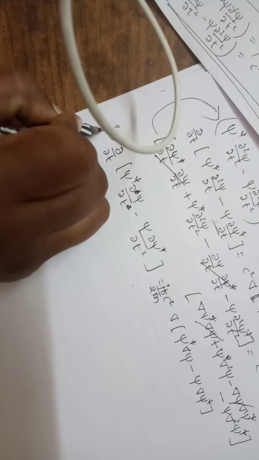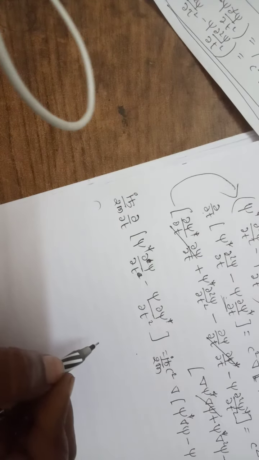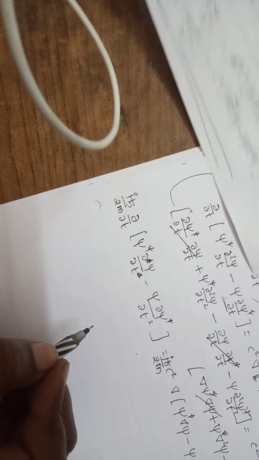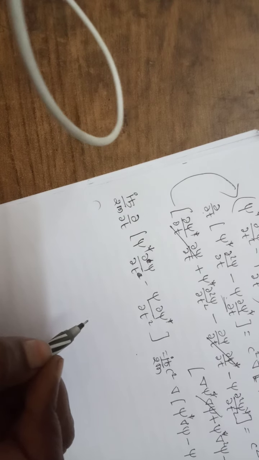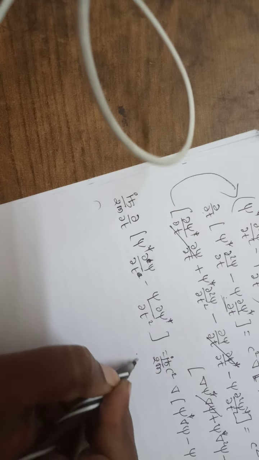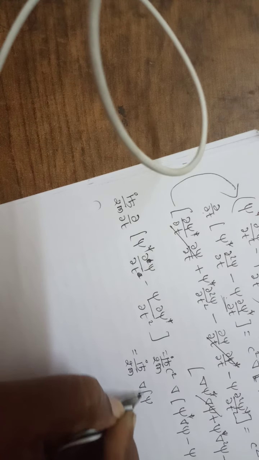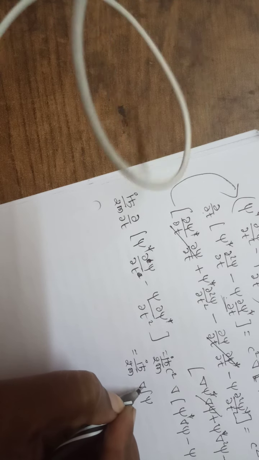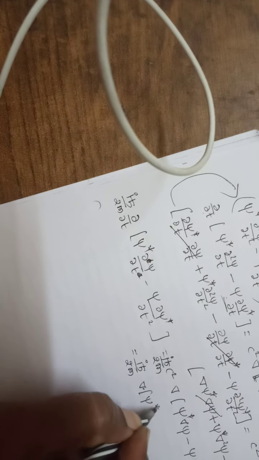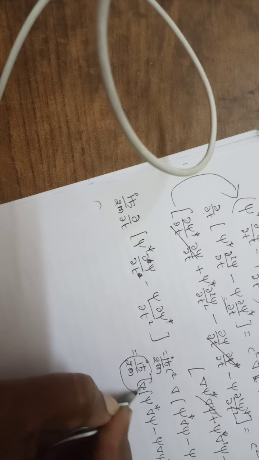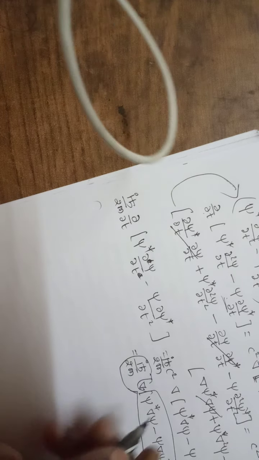Then i h cross by 2m del dot psi star del psi minus psi del psi star. Okay, that whole term is j of r,t. This is j of r,t, which means probability current density.